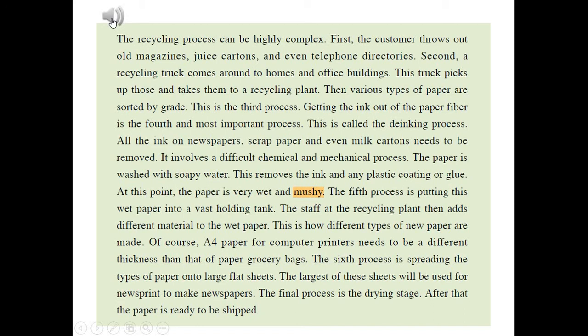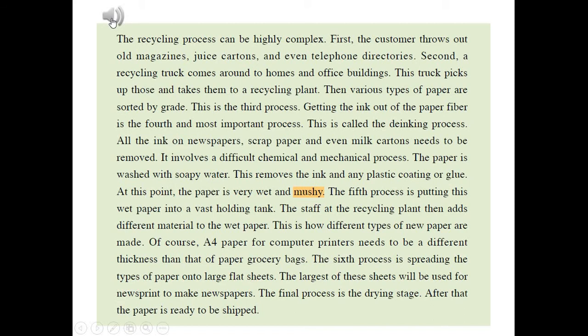Then various types of paper are sorted by grade. This is the third process. Getting the ink out of the paper fiber is the fourth and most important process. This is called the de-inking process. All the ink on newspapers, scrap paper, and even milk cartons needs to be removed. It involves a difficult chemical and mechanical process.